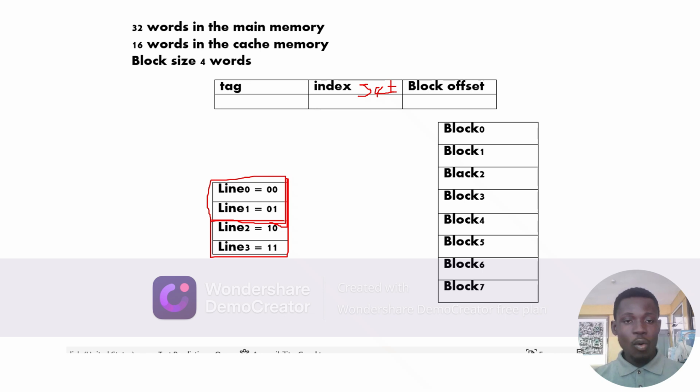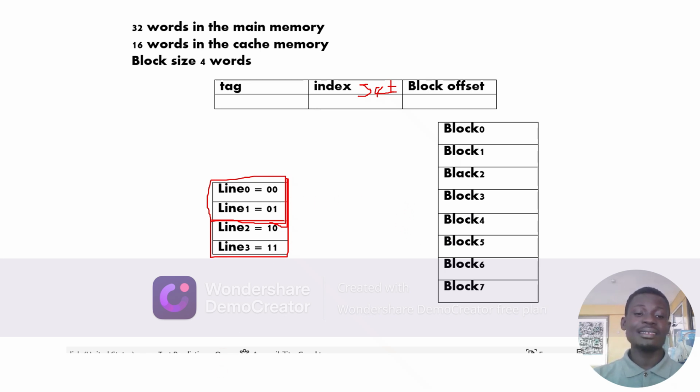Also, this block will not be mapped to just any set it likes, but it will use the modulo formula. So how are we going to know that this block is inside this set or inside this set?